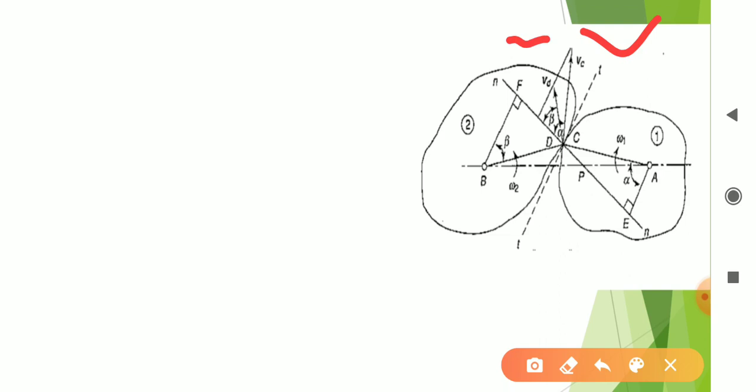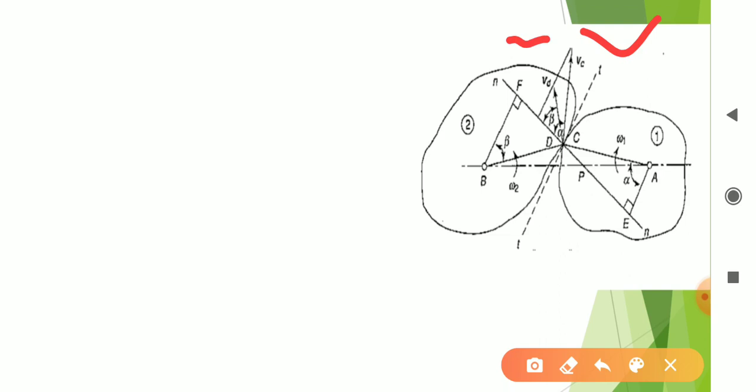Again, a similar thing will be there in VD. In VD, what happens here? There are two components of this linear velocity VD. One is along the tangent TT, and another one is along the normal NN.